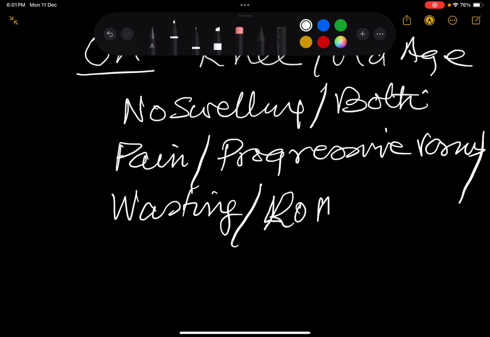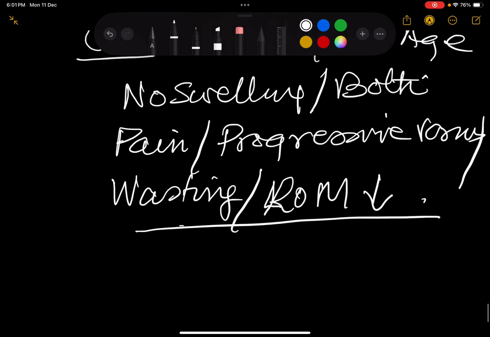ROM becomes less. So this is the picture of knee osteoarthritis.